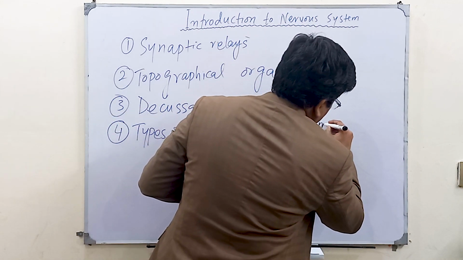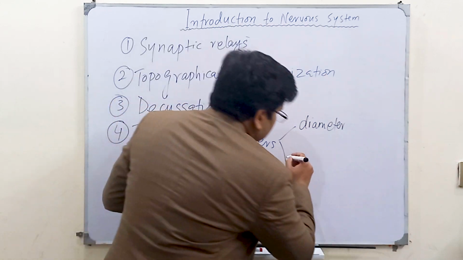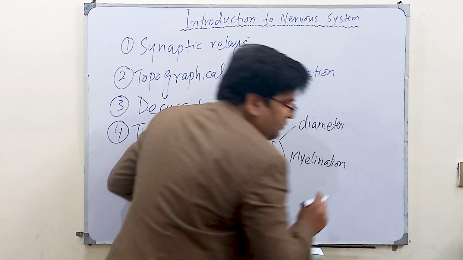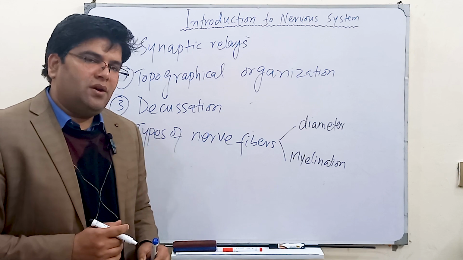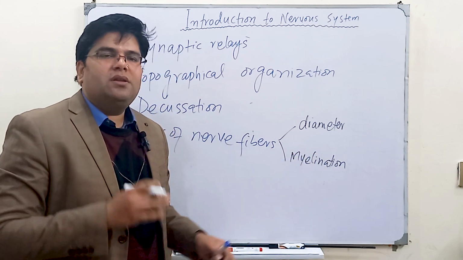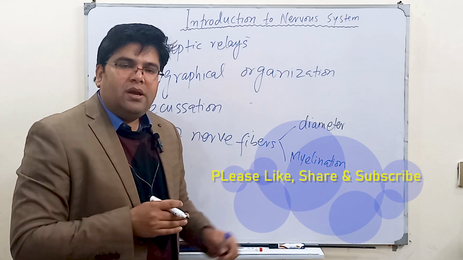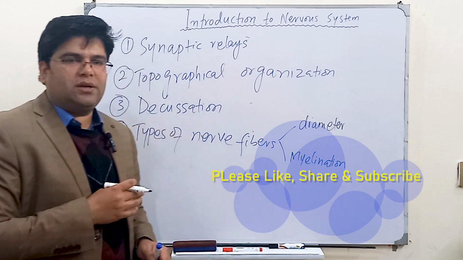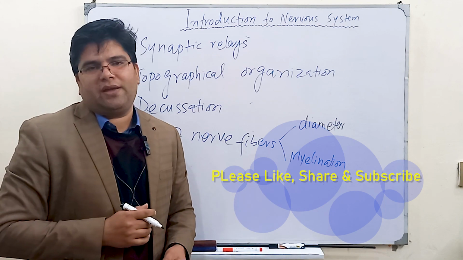Some nerve fibers have a smaller diameter and some a larger diameter, and some may be myelinated and some not. These two features determine the velocity of conduction along the nerve fibers. Those nerve fibers which are myelinated and have a larger diameter are fastest to conduct, and those which are smaller in diameter and not myelinated are slowest to conduct. So myelination and larger diameter increase the speed of conduction of signals along the nerve fibers.